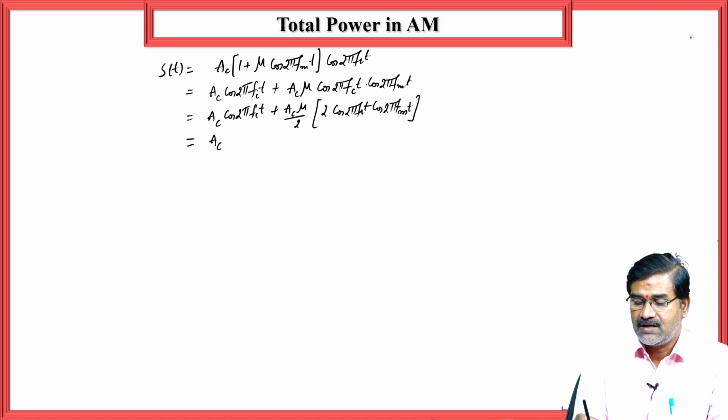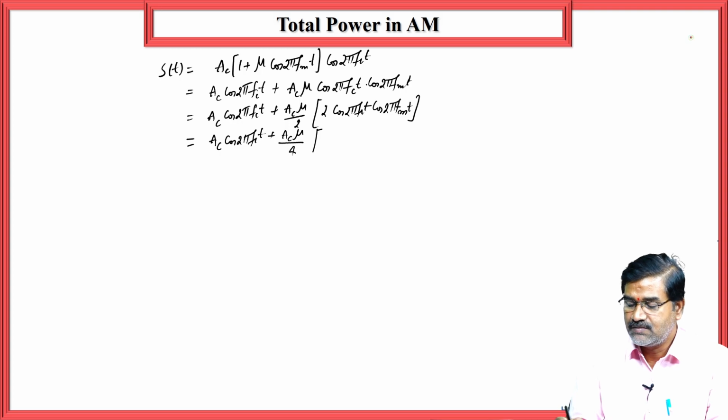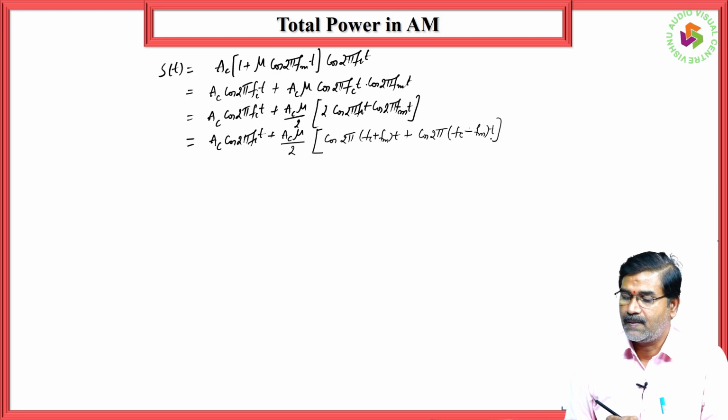So I can write Ac into cos 2 pi fc t plus Ac mu by 2 into cos of 2 pi (fc plus fm) t plus cos 2 pi (fc minus fm) t.